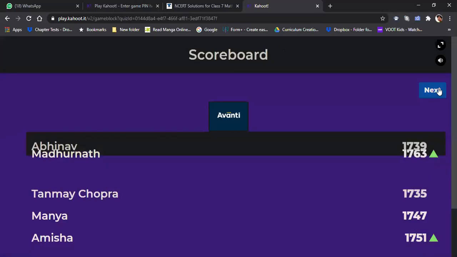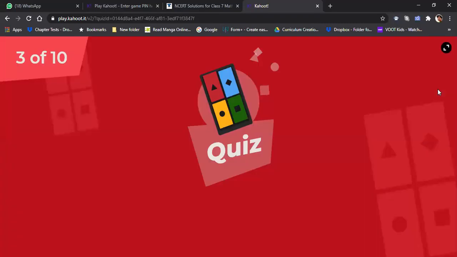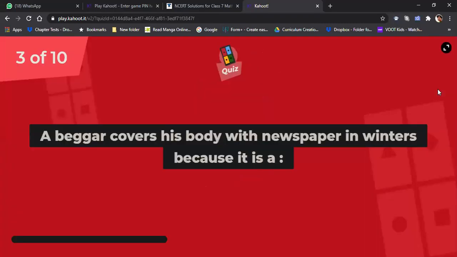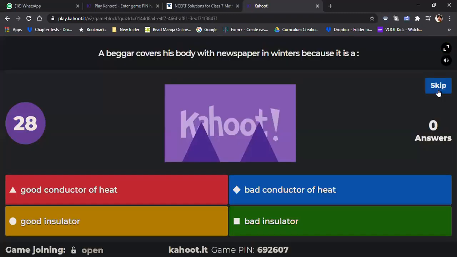Let's see the scoreboard. Madhur first. So we have a change. Madhur first, second Amisha, third Yukti. Okay, next. Third question. A beggar covered his body with newspaper in winter because it is, I hope everyone should be able to answer this. We have discussed this, I guess.